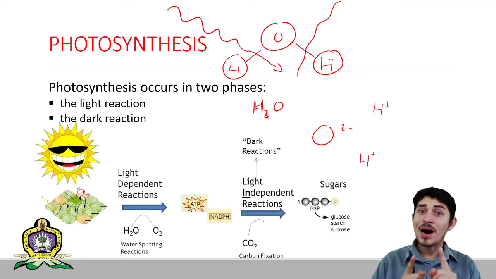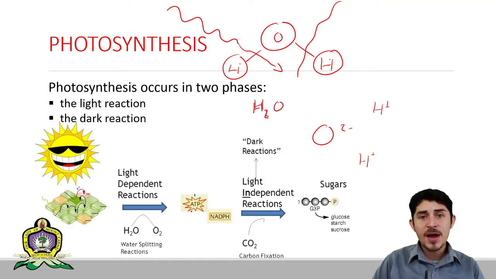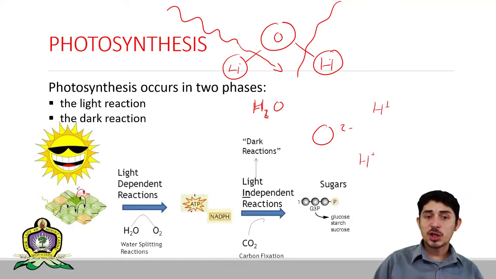Even if you have an axe and you try to break down the water, it will be very, very difficult. Even if you boil it to 1,000 degrees, you would still be unable to break down the bonds between the oxygen and hydrogen. But it happens in the plants, and the plants just break down the water molecule into individual hydrogen and individual oxygen. That is known as the light reaction or light dependent reactions.